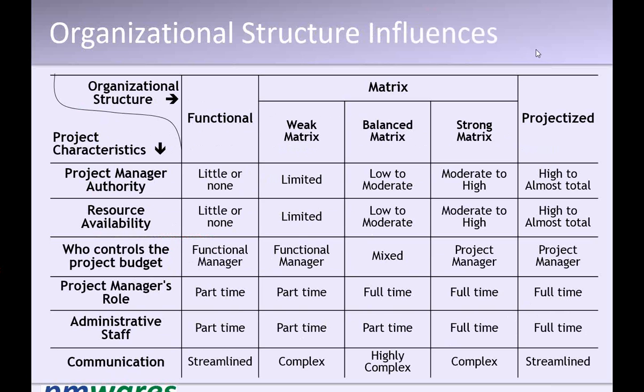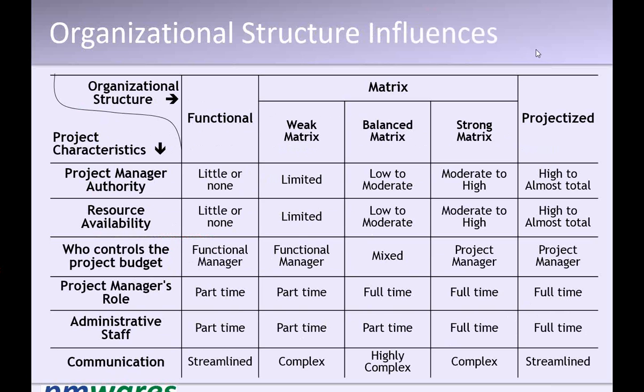In the weak matrix organization, it is more towards function. Here there is a little more authority to the functional manager, but he is still a coordinator. The authority of the project manager is a little more than this, but it is limited. He cannot really force the resources to commit to the project. He ultimately has to persuade the functional manager to get the resources. His job is part-time and starts getting a little complex because he has some authority.